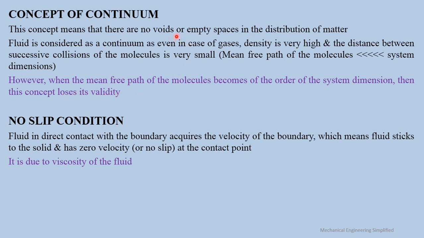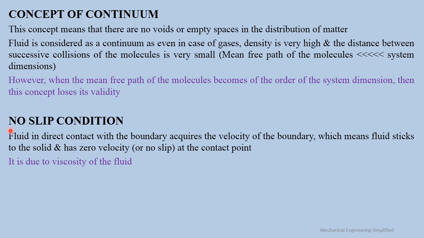The distribution is not continuous, and the concept of continuum loses its validity, and then we have to go with another theory known as rarefied gas theory, which is used when the mean free path of the molecules becomes of the order of the system dimensions.